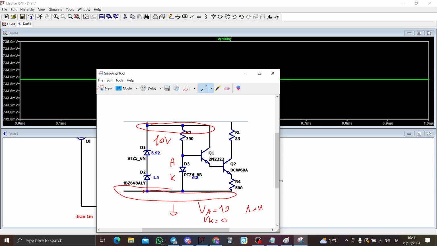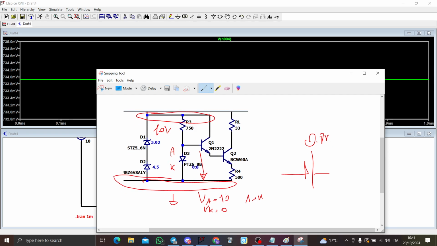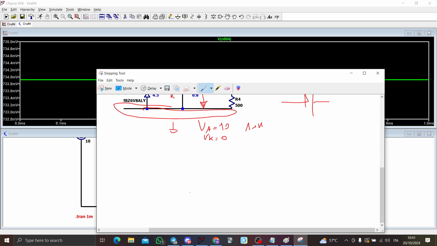At this point it is not a short, of course, it is 0.7. Forgive me for this abbreviation, but okay. The diode is in the conduction region, so it is a battery of 0.7 volts. But it is not what we want. Remember that you also have to reason like this. VA is greater than VK, and so now, since we used the diode in this region here, we had this at 10 volts and this at 0.